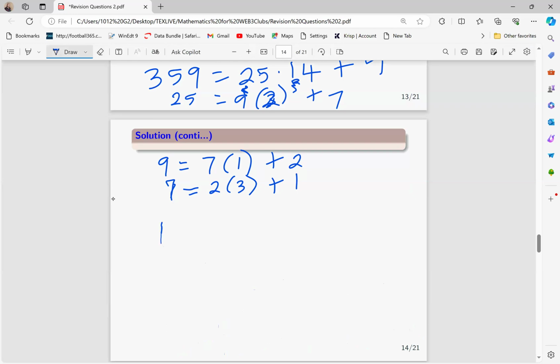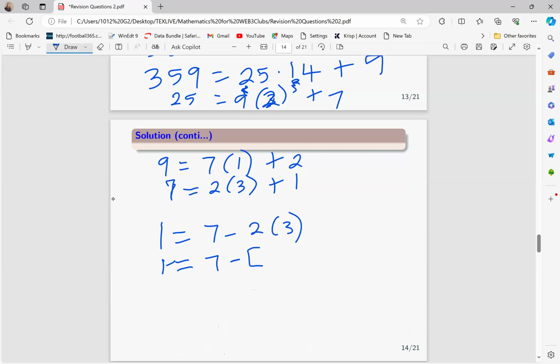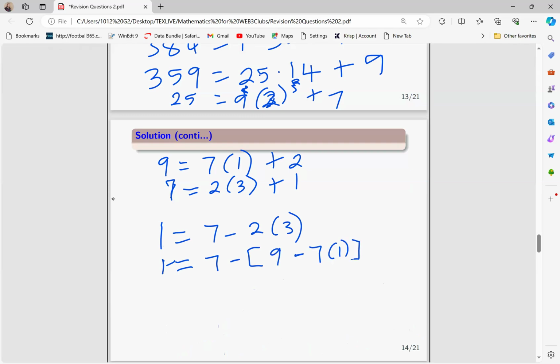So 1 equals 7 minus. So what is coming next is 3. It's 2, yeah. So what is coming next? 3.